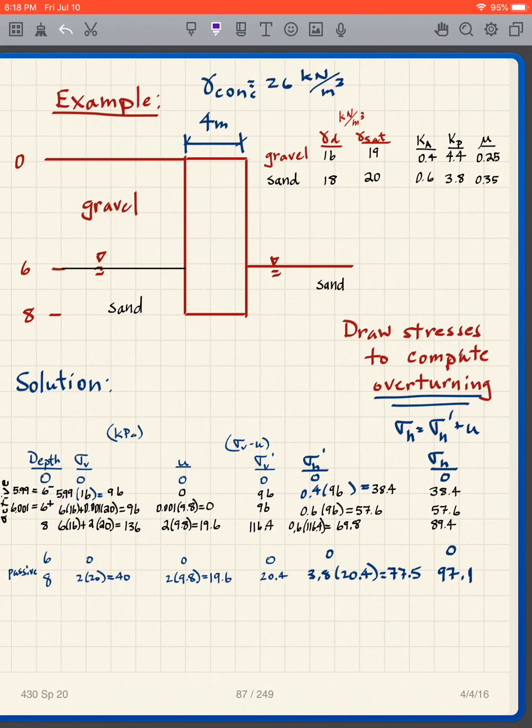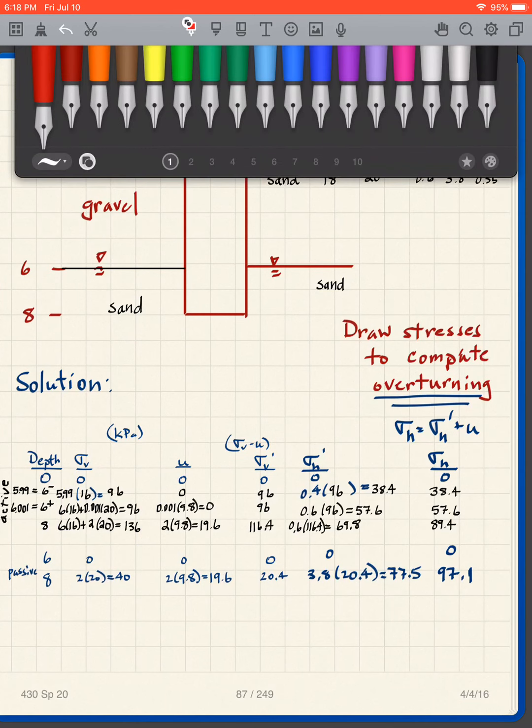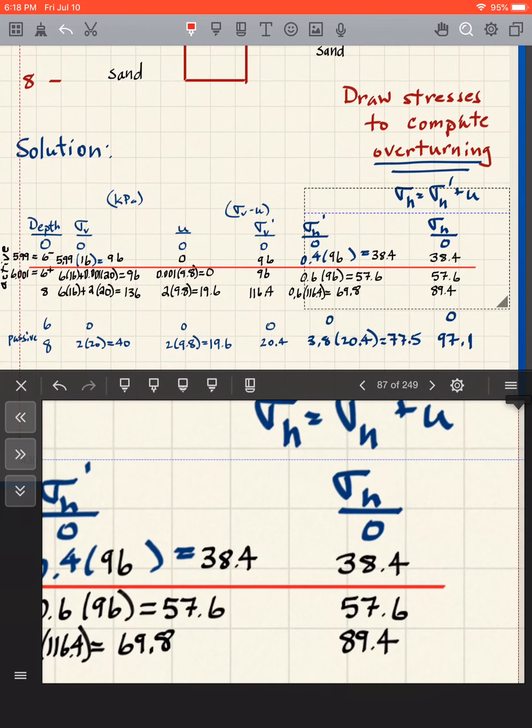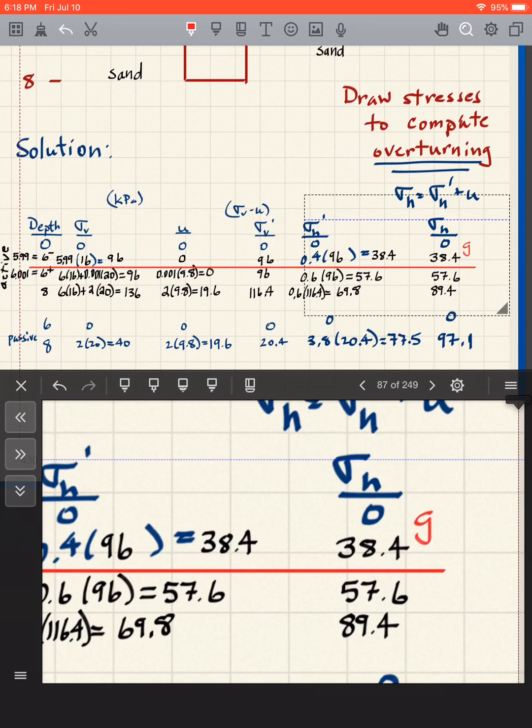Notice a handy thing to do, I haven't shown it here, but maybe I'll just do it real quickly, is that it's a good idea to put in a line there. That line, what does that do for us? That separates out the gravel and the sand. So in other words, this is the gravel and this is the sand.